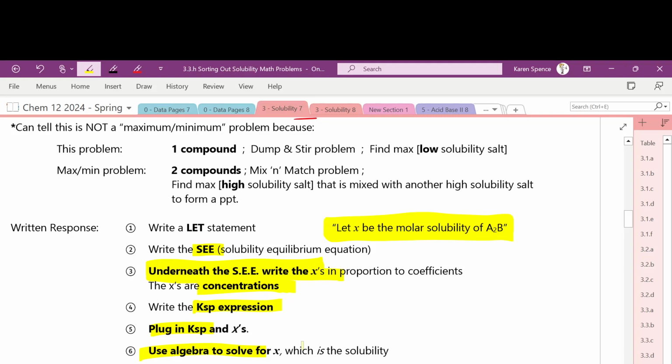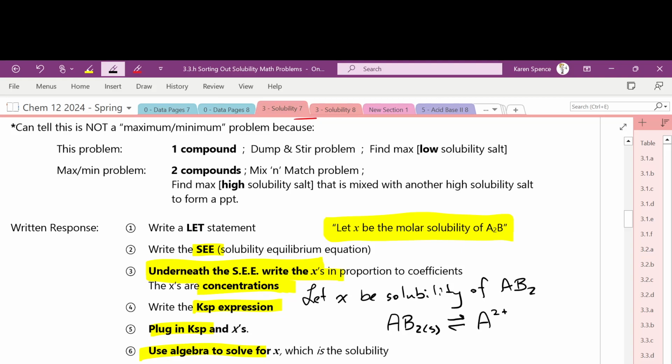Yes? So you'd be like, okay, I got let X be the solubility of AB2. And then you'd say, okay, I got AB2 solid in equilibrium with A2+ and 2B minus. And then you'd say, okay, my solubility is X, so the concentration of A is X, and the concentration of B is 2X.